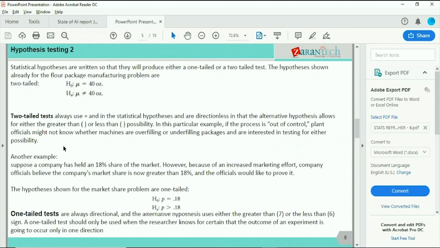Okay, now how will you identify which one is a two tail test or which one is a one tail test? A two tail test will always use equal to in the statistical hypothesis and is directionless in the alternate hypothesis. This is the alternate hypothesis and it is directionless.